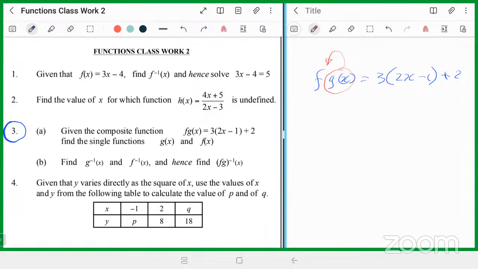So we use a statement where we say, let the inner function be equal to the expression within. And if you look at this, it is clear the expression within has to be this. So the first step is to find the inner function first.